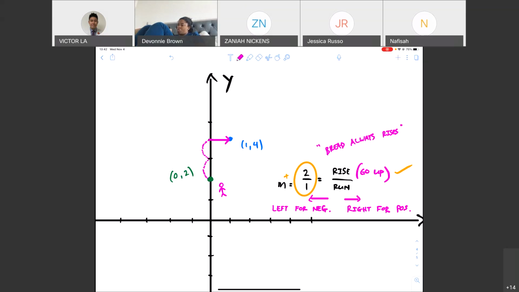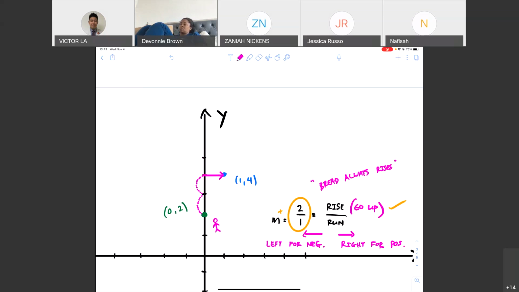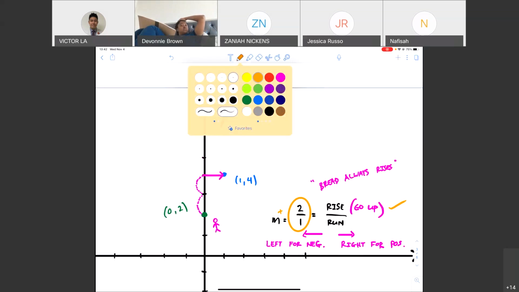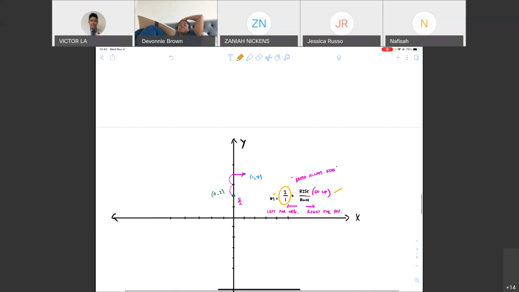And it's 2 over 1. So that means you go up 2 and you move to the right 1. This also means that with slope, you can predict the next point as well. So the slope is going to be the same this entire line because it's going to be the same line. So if I draw this line really quick, hold on, let me zoom out for it.